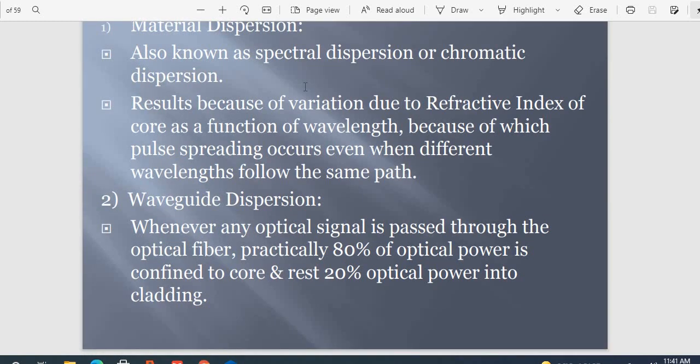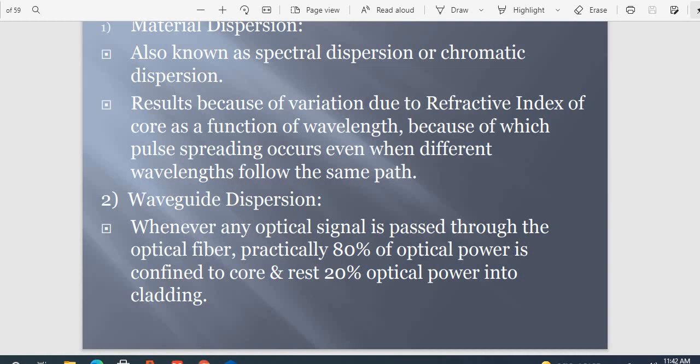Next part is waveguide dispersion. Whenever we pass an optical signal through the optical fiber, practically 80% of the optical power is confined to the core and the rest, 20%, moves into the cladding. So what is the meaning of that?